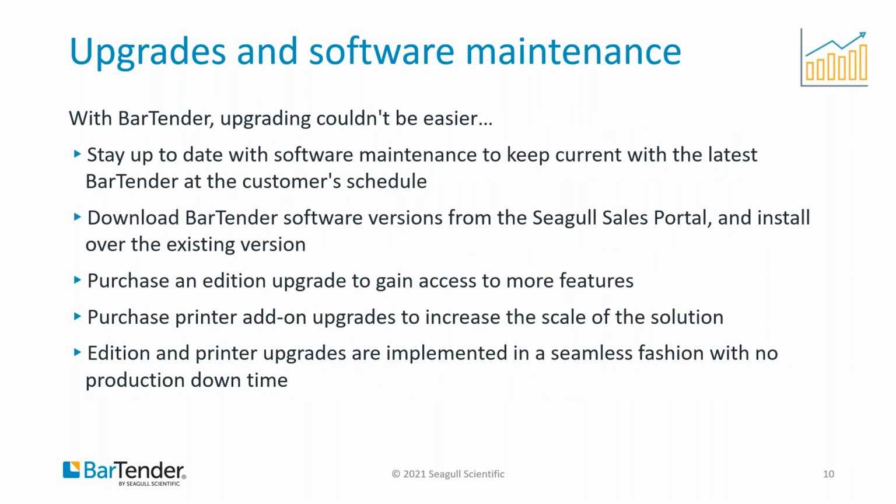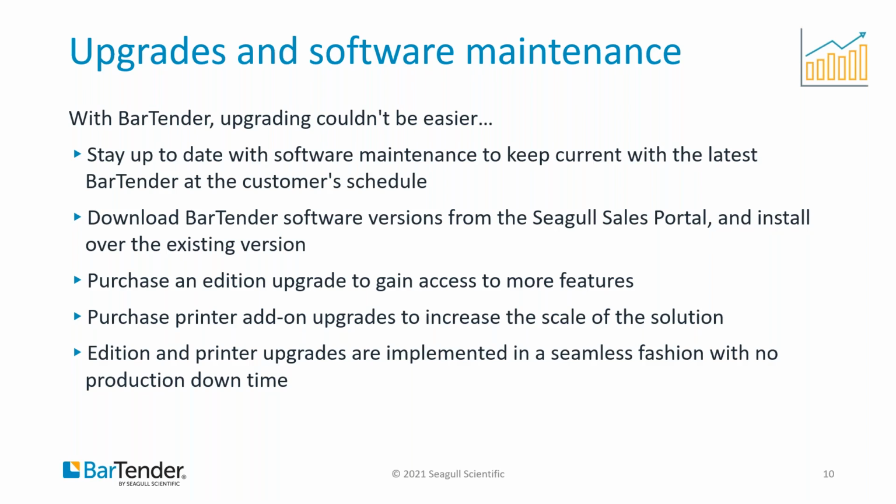Upgrades and software maintenance, because as we'll see with how we handle software activation and license management, this is a very easy and seamless process. If the user wants to stay up to date with the version of the software, they can make sure their software maintenance is current.